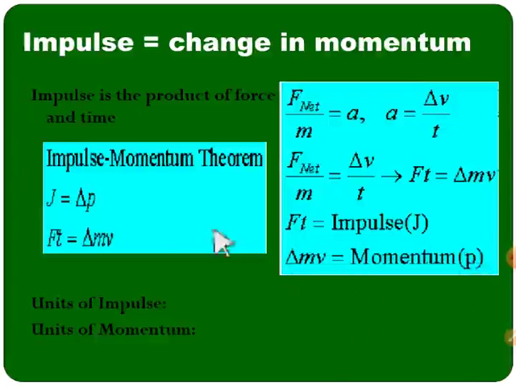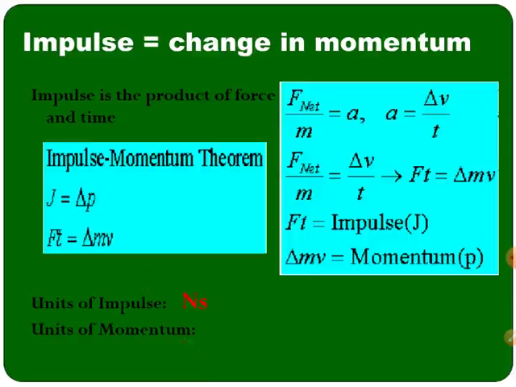So this change in momentum is equal to what? Impulse. That relation between impulse and change in momentum, the relation between impulse and momentum, we simply call the impulse momentum theory. So what is that theory? Impulse is equal to change in momentum.